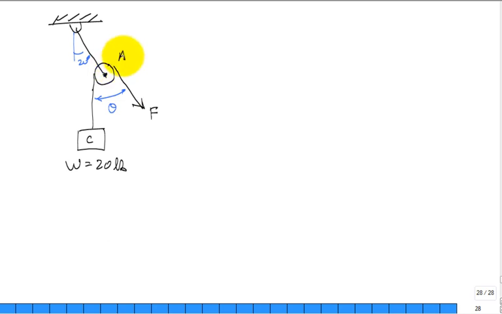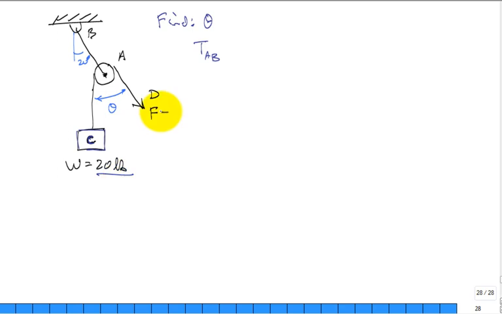So this is location A, location B, location C, and then location D. The question is to find that angle theta, as well as find the tension in the cable that goes from A to B. The object at C is a weight of 20 pounds.